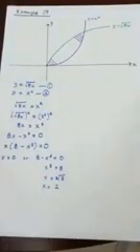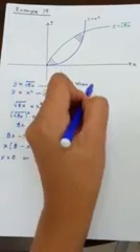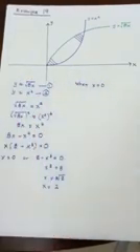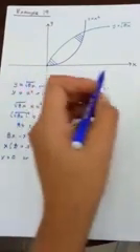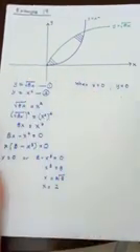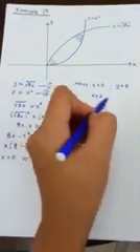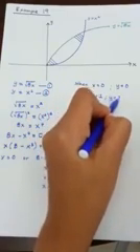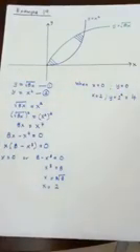Okay, so now we want to find the values of y. When x is equal to 0, we can substitute in the second equation, y is equal to x squared, so we obtained y is equal to 0. When x is equal to 2, our y is equal to 2 squared, so y is equal to 4.